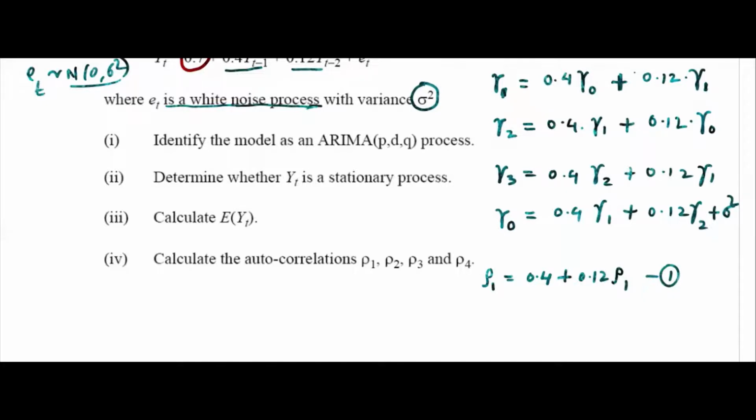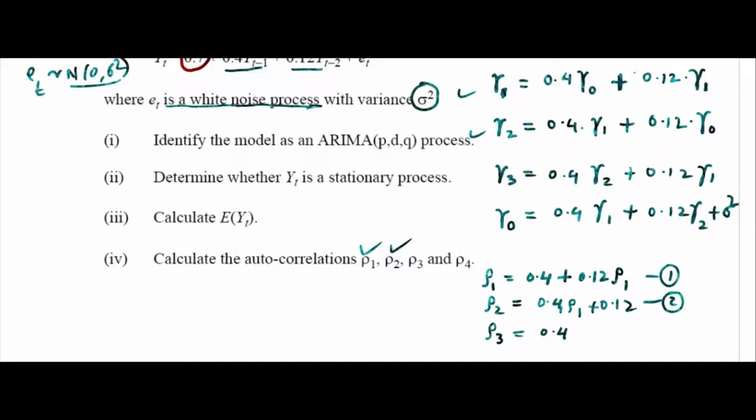Divide the second equation by gamma naught and you will get rho 2, equal to 0.4 times gamma 1 by gamma naught, that is rho 1, plus 0.12. If you solve the first equation, you will get rho 1. If you solve the second equation by putting rho 1 here, you will get rho 2. Now rho 3 will be equal to 0.4.